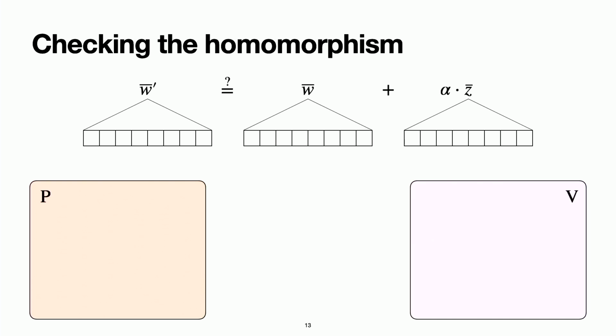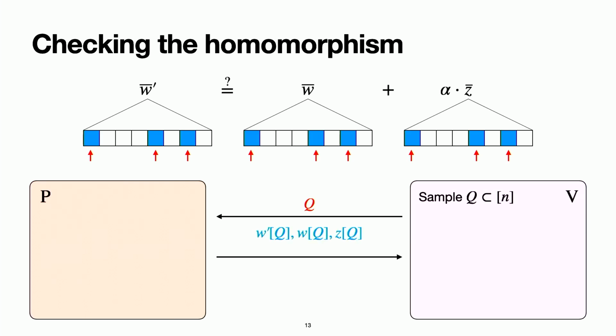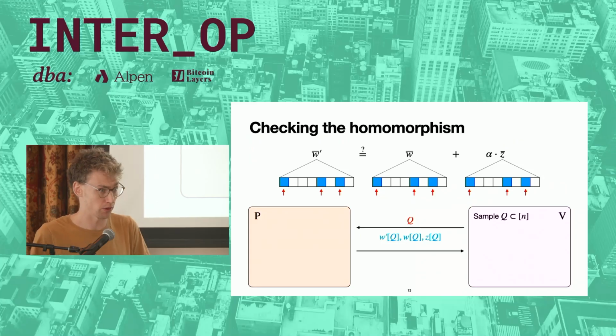So what I do is I write down these vectors, and I commit to them using Merkle trees. I have a Merkle tree of each of these vectors. Then, instead of checking the homomorphism directly, I just check it at random points. I sample a bunch of random points, a query set, and I check that the homomorphism holds at these points. And if the homomorphism is correct, then it should hold also at random points, right?